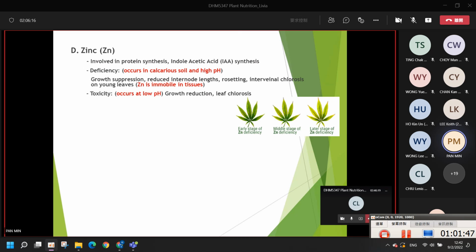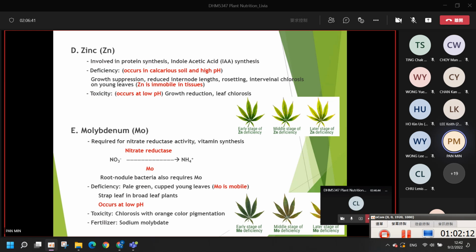It shows growth suppression, reduced internode length, and rosetting, with interveinal chlorosis on the young leaves because it is also immobile in the tissue. The first symptoms will show in the new leaves. The toxicity occurs at a low pH and causes growth reduction and leaf chlorosis.